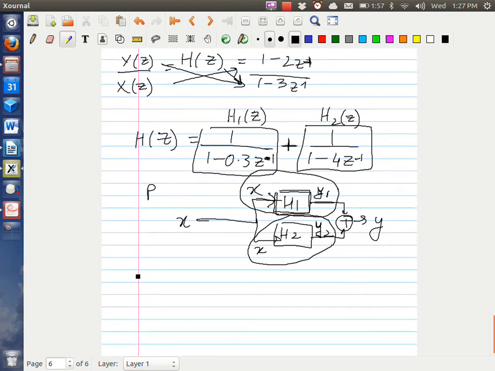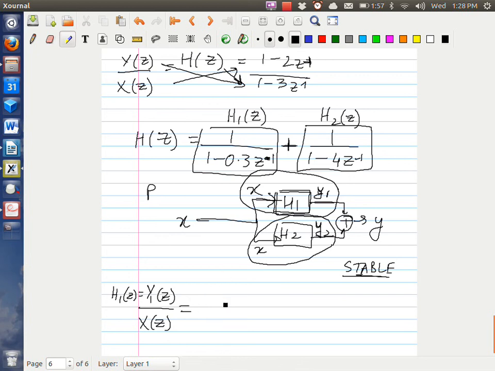Another thing, the question specifically asks you to make sure the equations are stable. So we'll consider that later once we finish writing them. But for the first system, H1 of z is Y1 of z over X of z. That's how you define the transfer function, the output over the input.